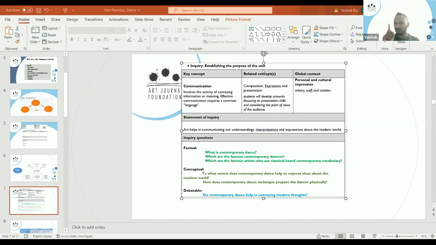So just frame one question each. Ideally you should have three factual, two conceptual. It will always give you depth to your unit planning. Try to keep one or two debatable questions, but right now just for our understanding, you have your unit title, your key concept, related concept, global context, your statement of inquiry. Frame one factual, one conceptual, one debatable.